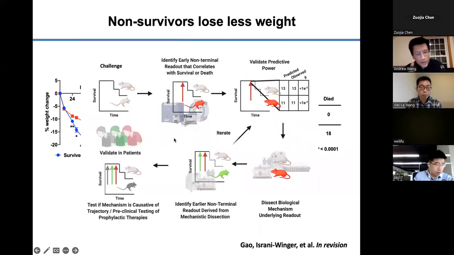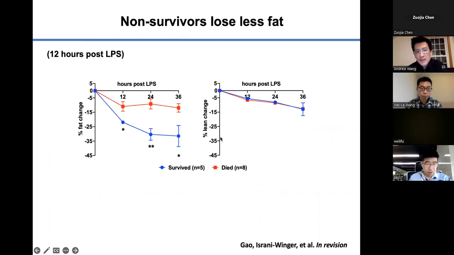Okay, so here we are. We've identified a parameter that we could measure, and then the question was, well, you can lose two kinds of weight: lean mass or fat mass. Which one is being lost? Here we used magnetic resonance imaging to assess the amount of fat and lean mass loss.